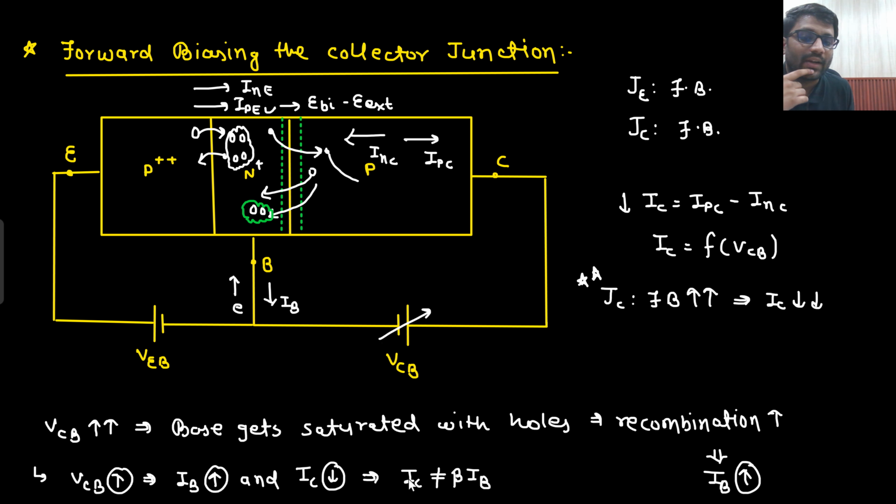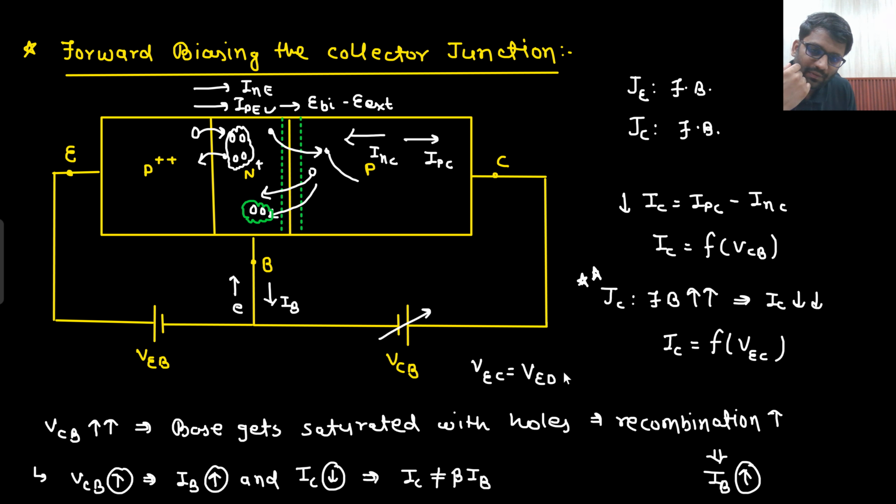Along with that, your IC is also depending on VCB. Or can I say that my IC depends on VCE? Can I say it in this manner? Because what is VCE? VCE, I should say, or VEC. Sorry guys, VEC. Better would be VEC. Because what is VEC?